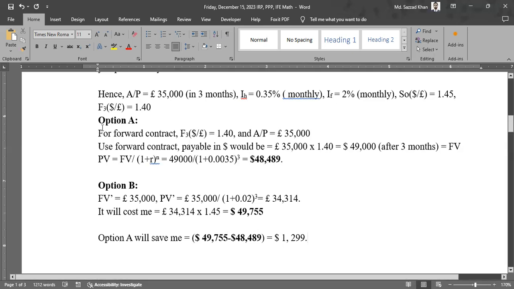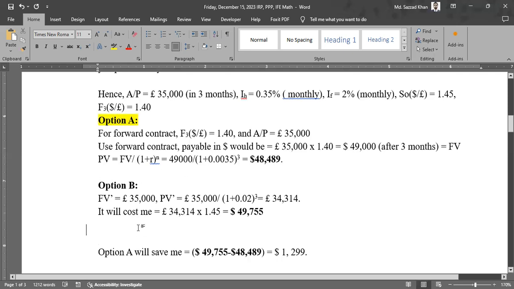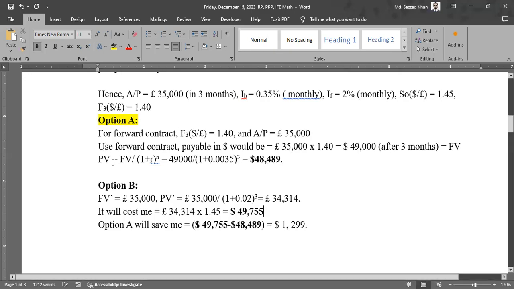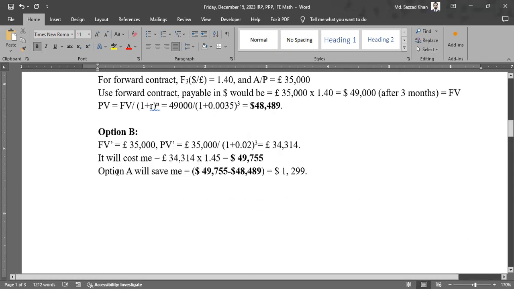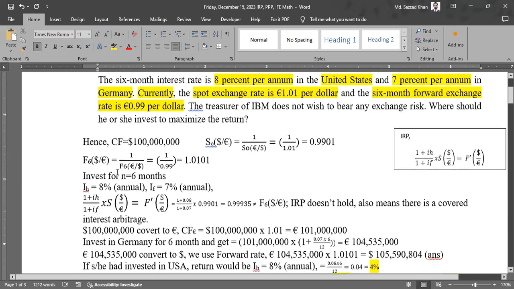So of course we opt for option A. We choose option A as a payment strategy. Okay. We did 2 maths.